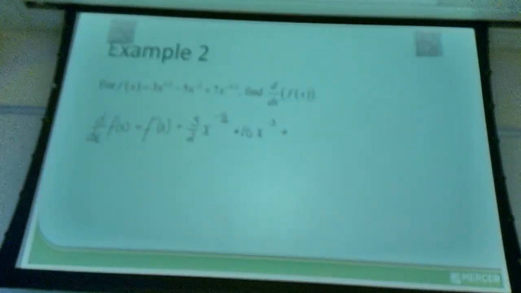Last one. What's the power? -3/2. Multiply by 7. Negative 3/2 minus 1 is -5/2.